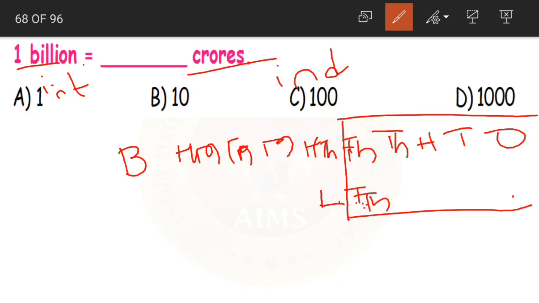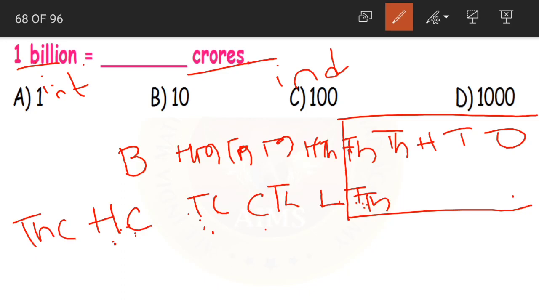After 10,000s we have lakhs, 10 lakhs, crores, 10 crores, and after that we have Arabs. The next place value is called Arabs in the Indian system. But in terms of crores, after 10 crores we get 100 crores, then 1000 crores, and so on.